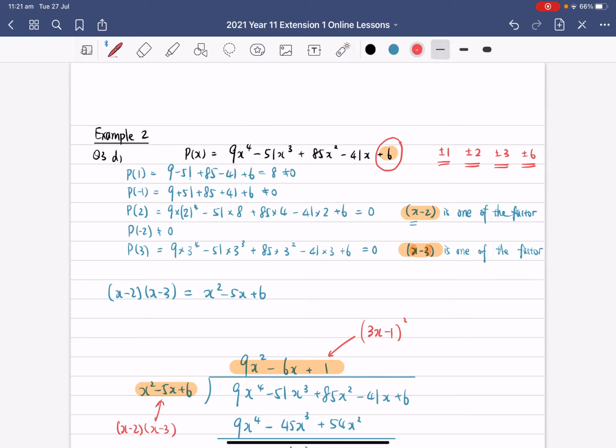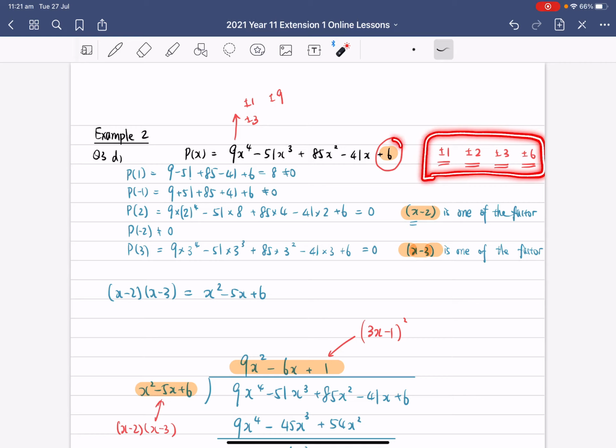So potentially, what you can also do is break the 9 into plus minus 1, plus minus 3, plus minus 9, and then use the factors of the constant divided by the factors of the leading coefficient to find more zeros. So you can have more checking to do.